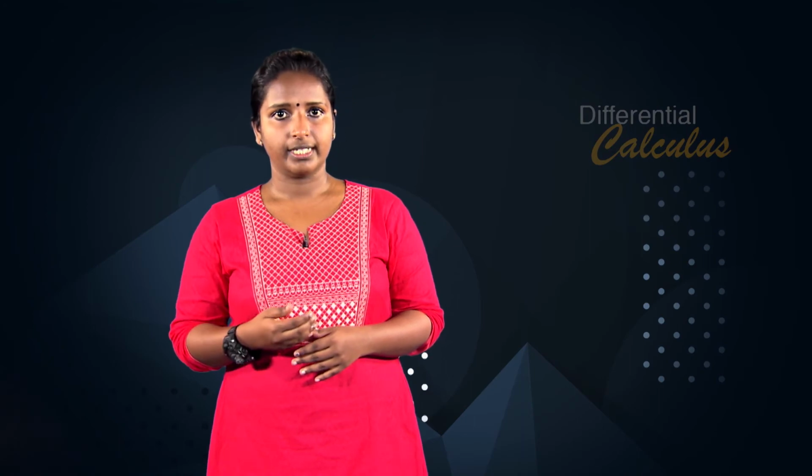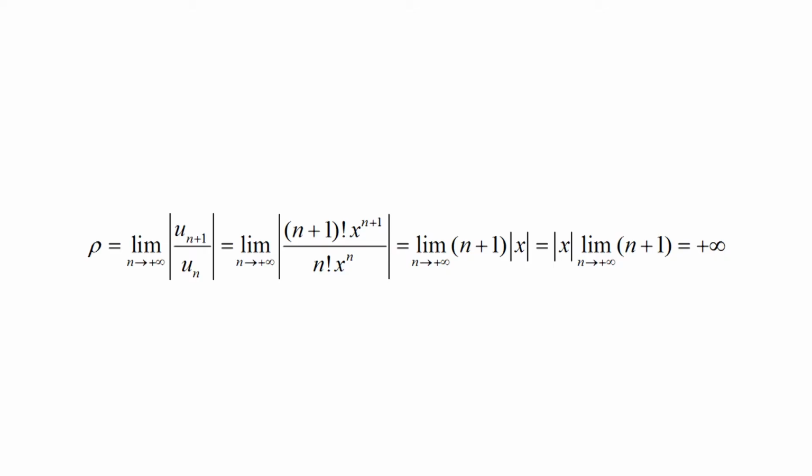n factorial into x^n, we obtain rho equal to limit of absolute value of u_(n+1) upon u_n as n approaches infinity, which is equal to limit of absolute value of (n+1) factorial into x^(n+1) upon n factorial into x^n as n approaches infinity, which is equal to limit of (n+1) into absolute value of x as n approaches infinity, which is equal to absolute value of x into limit of n plus 1 as n approaches infinity, which is equal to infinity.